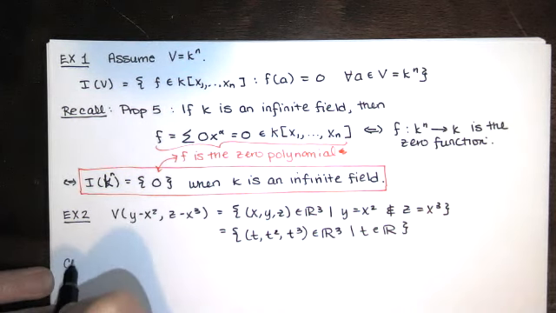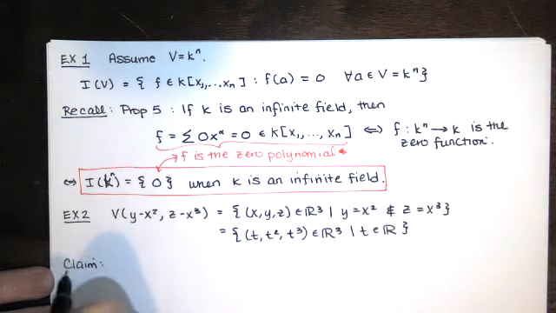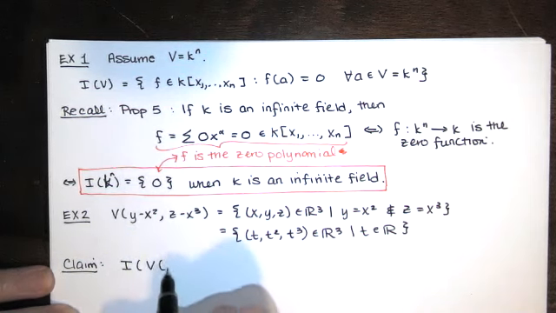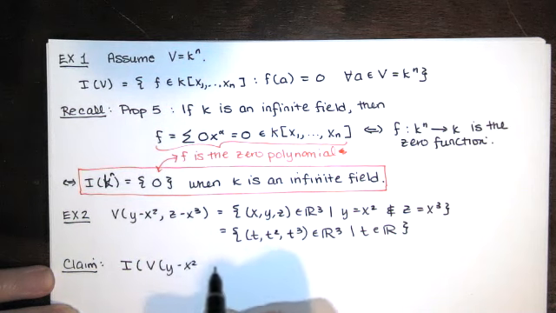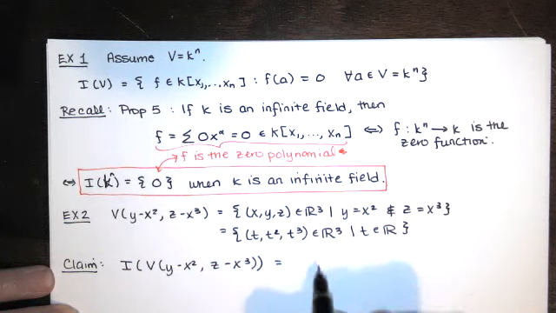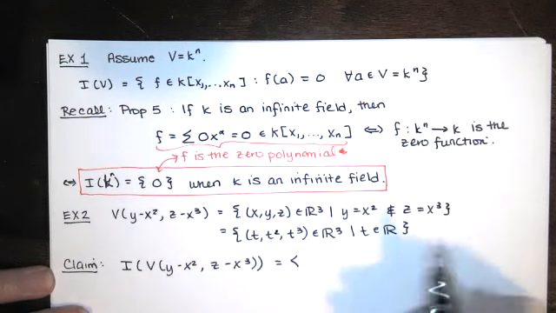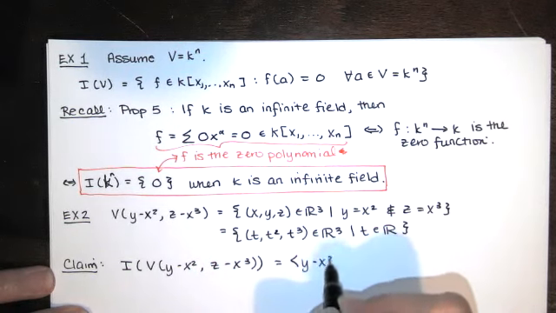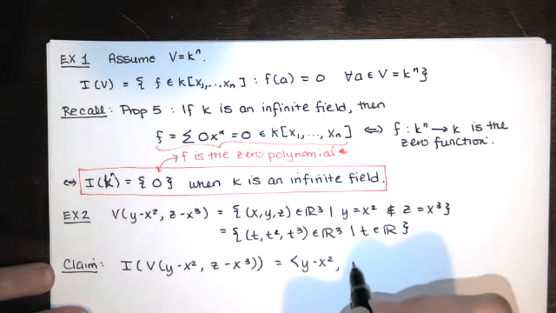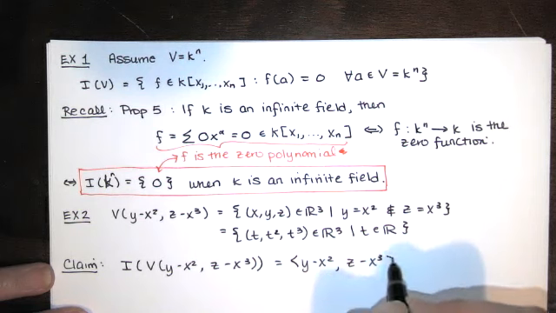Now here's the claim. The claim is that the ideal of the variety given by that twisted cubic turns out to be the ideal generated by the polynomial functions y minus x squared and z minus x cubed.